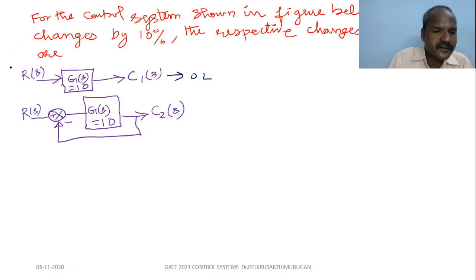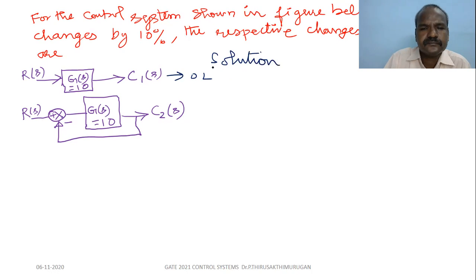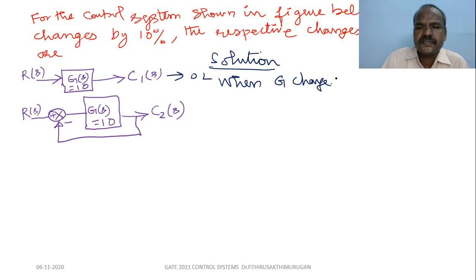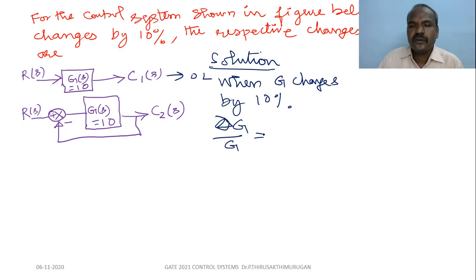Solution: when G changes by 10%, the percentage change is dou G by G into 100, equal to 10%.